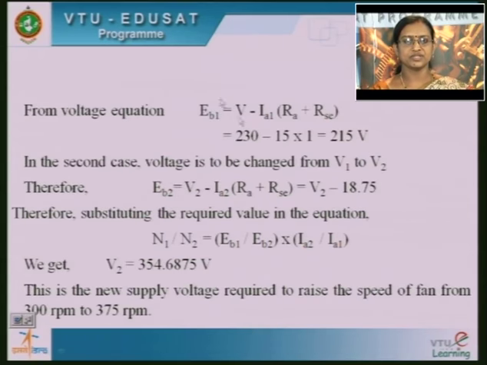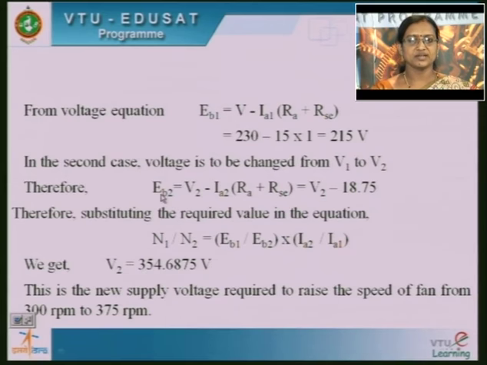Use these voltage equations: Eb1 is equal to V minus Ia1 times the total resistance, since it is a series motor, Ra plus Rse. V is 230 volt, Ia1 is 15 multiplied by this 1 ohm, so you get Eb1 equal to 215 volt.